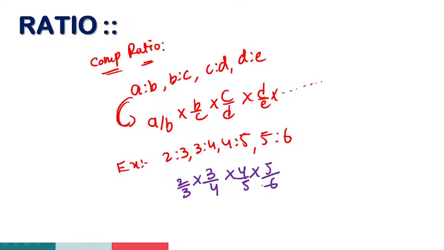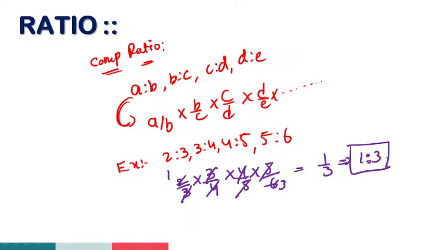Let me calculate. 3 3 cancel, 4 4 cancel, 5 5 cancel. Then 1 one and 3 threes... that is 1 by 3, which means 1 is to 3. So that is the compound ratio.